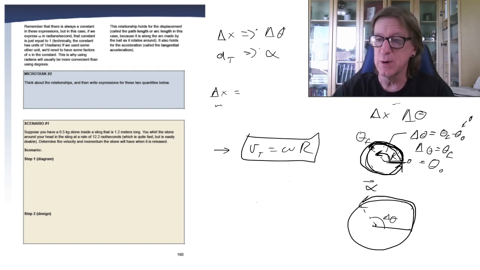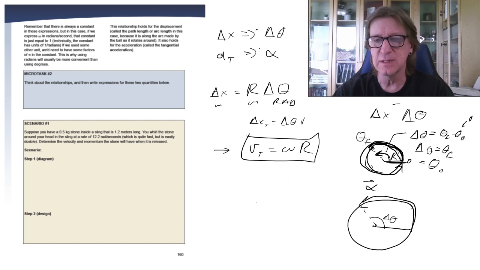So the greater the radius, the greater the distance. If I want meters, then this has to be meters, and then that would have to be in radians, because that's my throwaway. So to put it in the same format, my delta x along the track must equal delta theta times r.